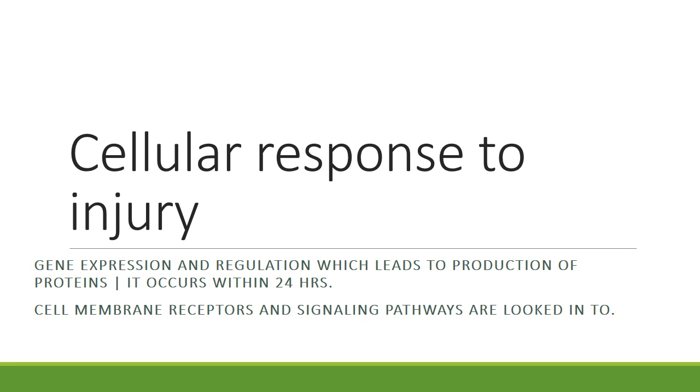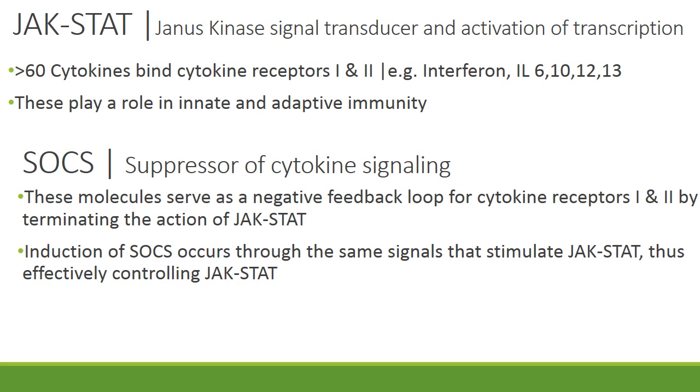During the process of cell injury, the cell membrane receptors and signaling pathways get activated, which ultimately leads to gene expression and regulation by the creation of proteins. This whole process occurs within 24 hours. Shown here are JAK-STAT and SOCS.